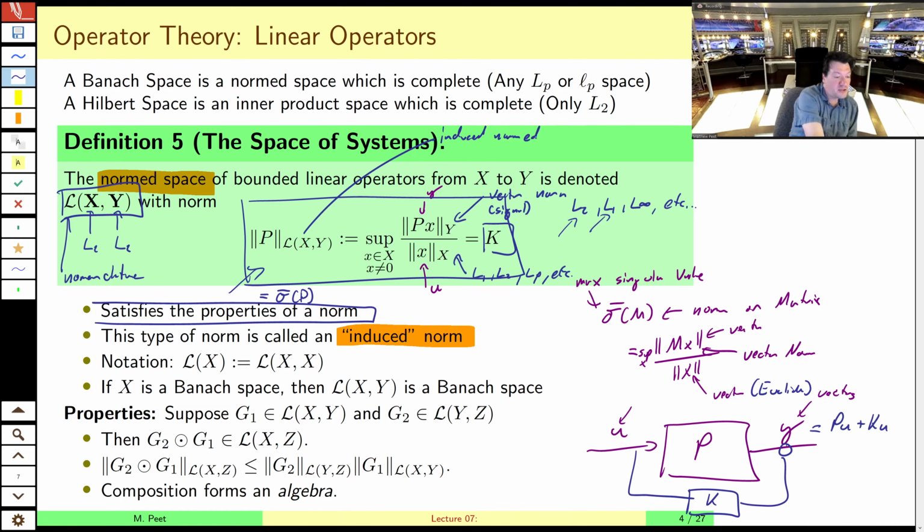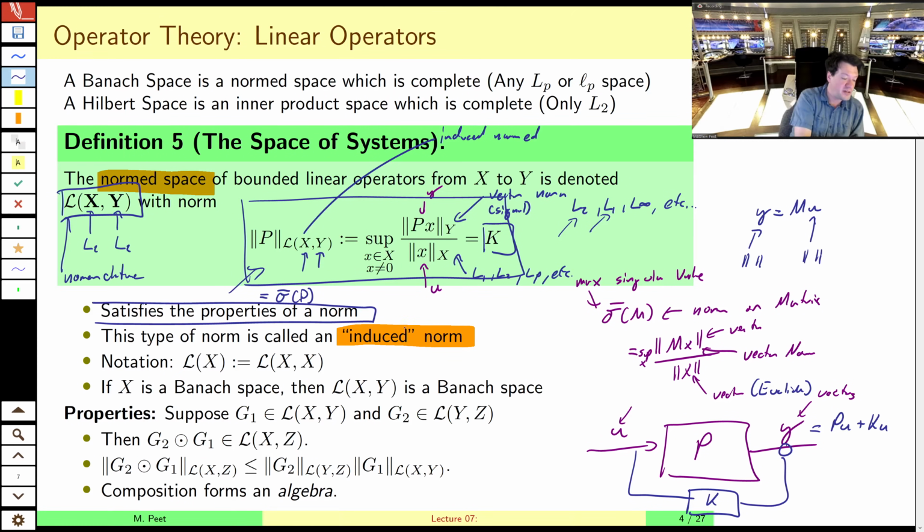And it's induced in the sense that it's induced by the norms on the vector spaces. So a matrix maps a vector to a vector, and so the definition of the size of the matrix, or the norm on the matrix, when it's defined in this way, is induced by the norms on the vector spaces. So that's what we mean by an induced norm.